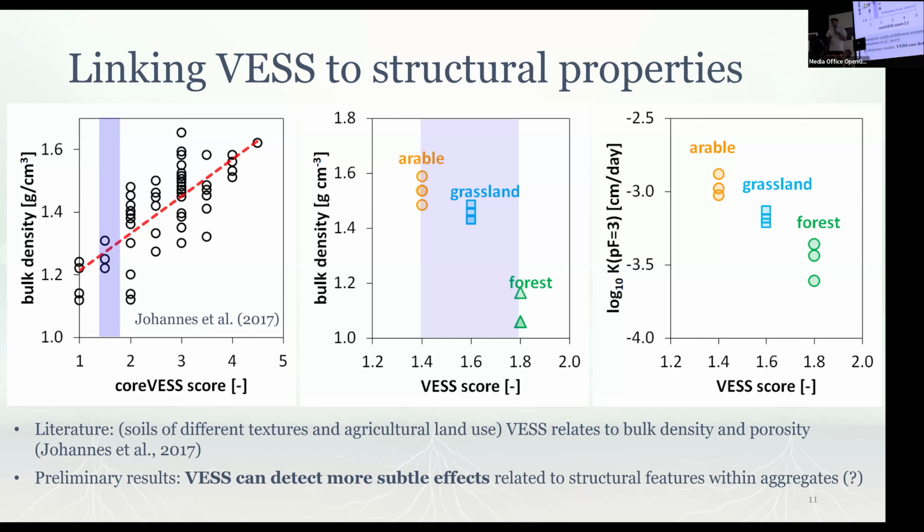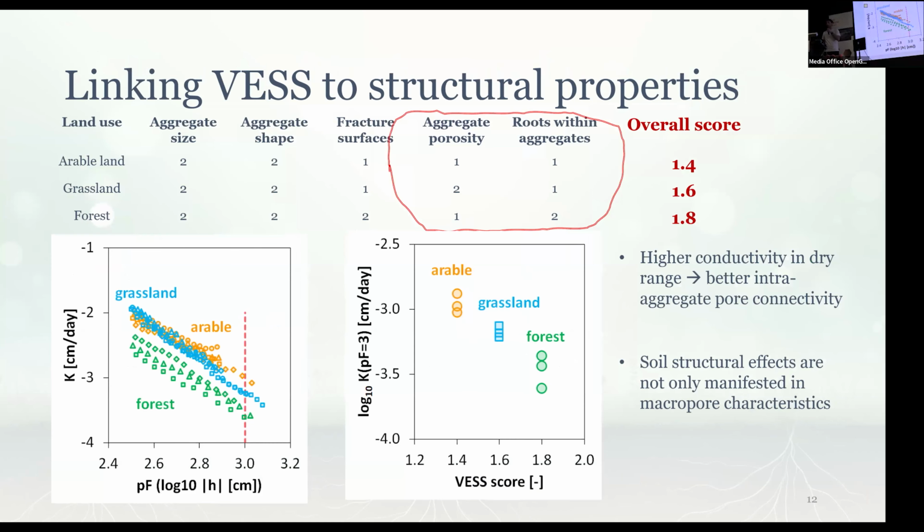And so the question would be if VES might be even able to detect those little networks, because this table that you see here shows the single scores we gave to the different land use type soils.